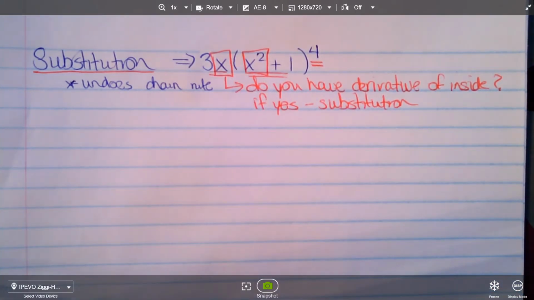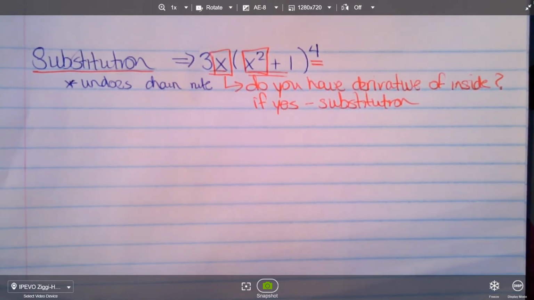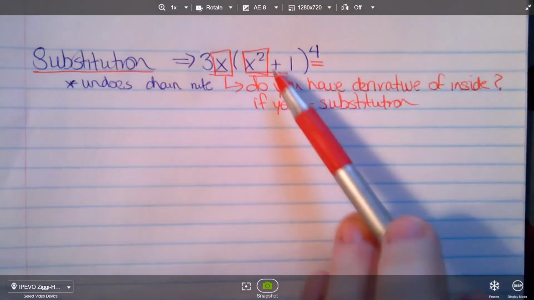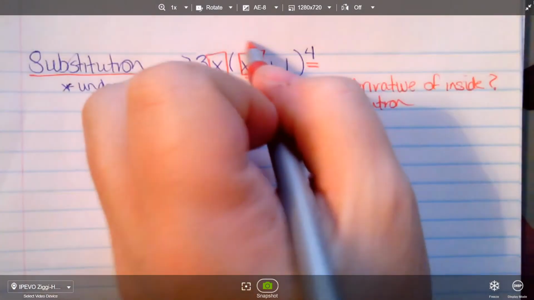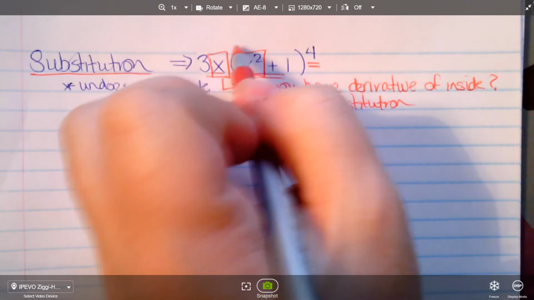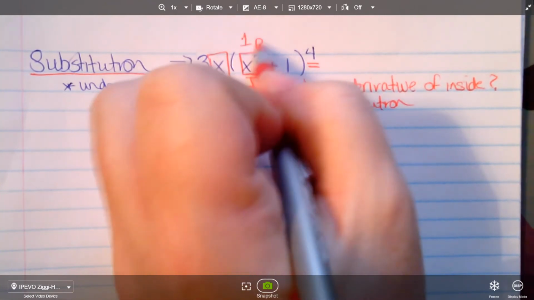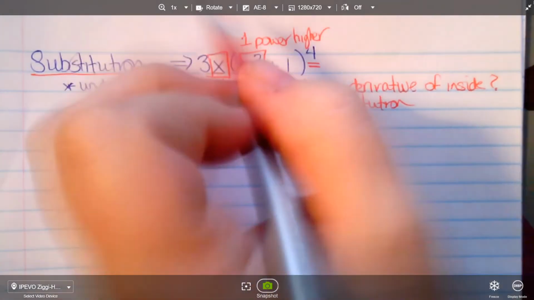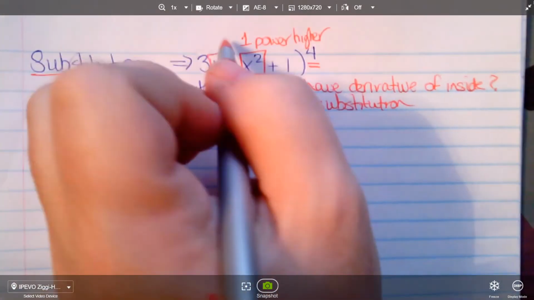So it's essentially just keeping in mind what would be the derivative of the inside of the bracket, and do I have something similar, maybe not identical, on the outside, especially when it comes to the variable. The number can be different, that's fine, but we're mainly concerned that what's inside the bracket is one power higher than outside.